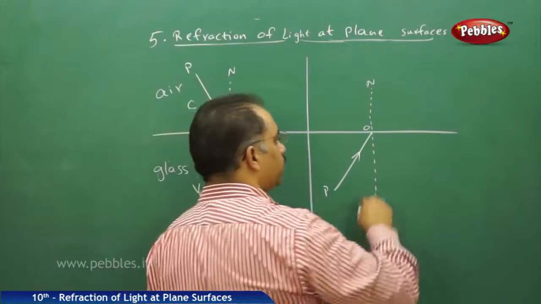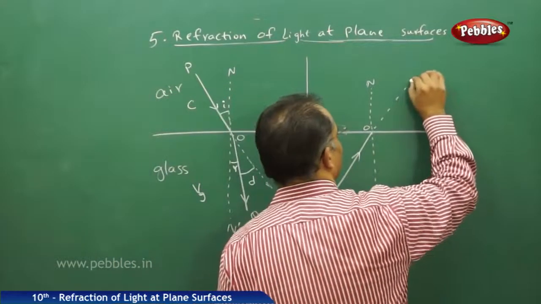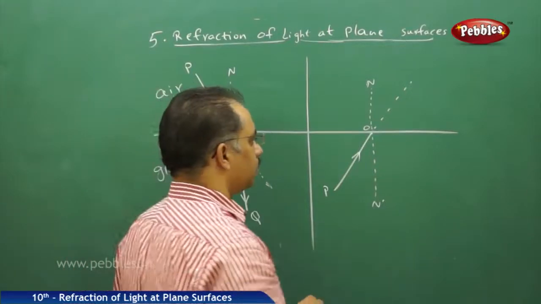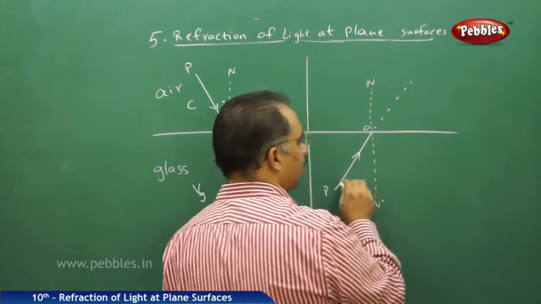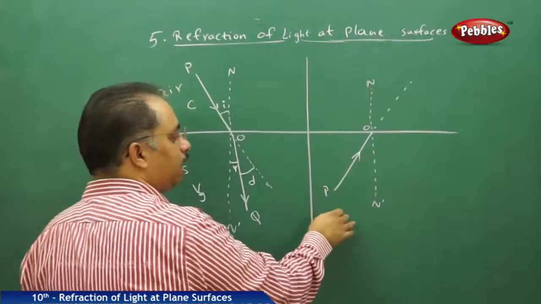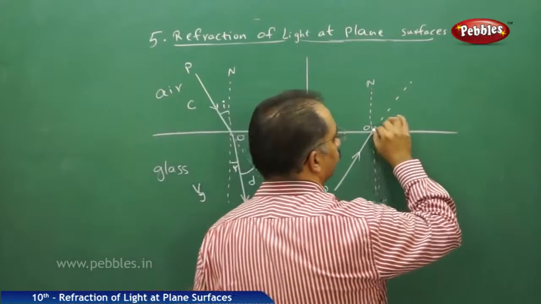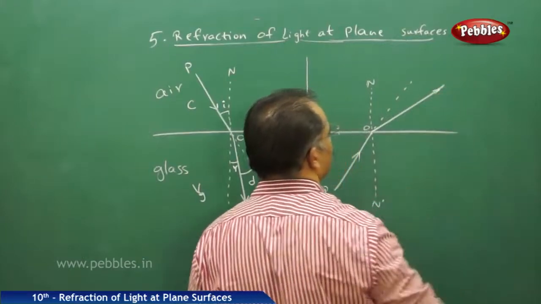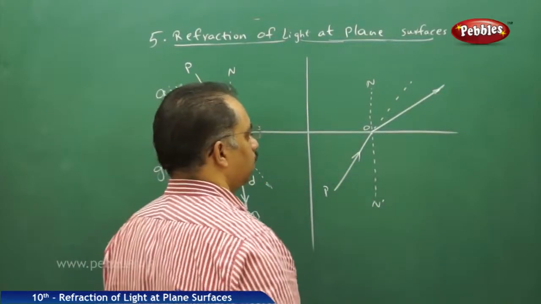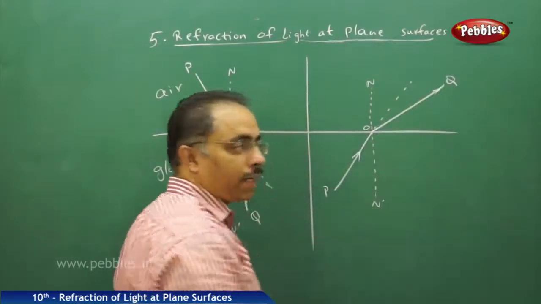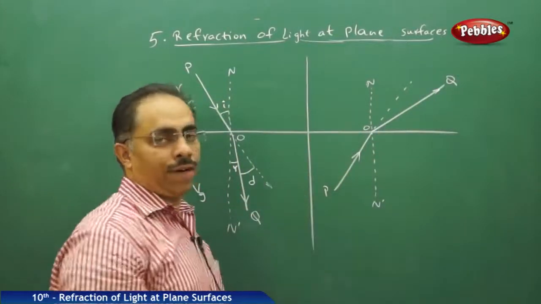Now, instead of going straight like this, it will bend and travel. In this case, because it is going from a denser medium to a rarer medium, it will bend away from the normal. Let us say this is Q. OQ is the refracted ray, PO is the incident ray.